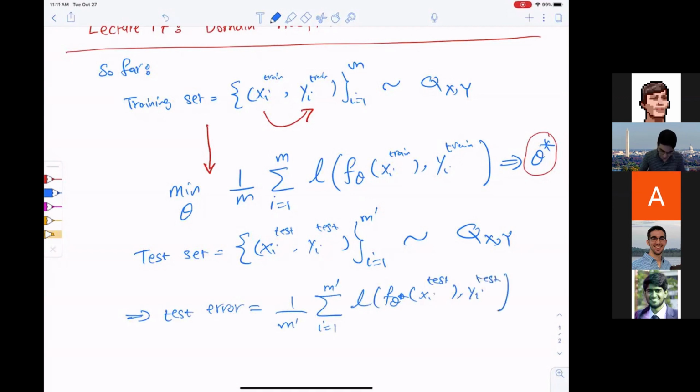So the whole goal of the generalization and optimization parts that we covered is to learn a function such that this test error is small. Smaller is better for us. And we have seen that if we have enough samples in our training set, the generalization gap, the difference between the training error and test error, would be small.